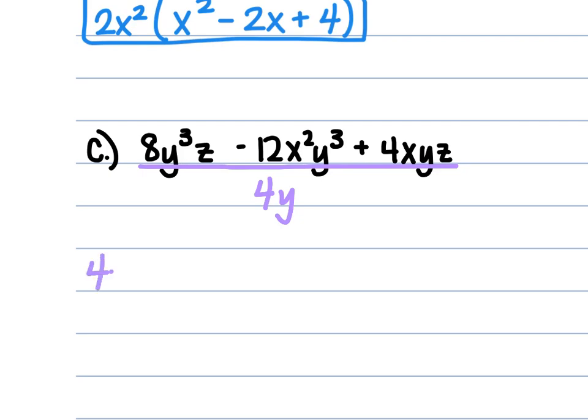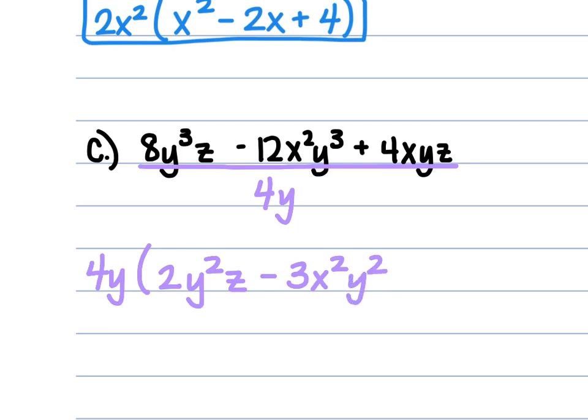So we're going to take the 4y, put it on the outside, and then divide each term by the 4y. So 8 divided by 4 is 2. Y cubed divided by y is y squared, and that z is going to stay. For our second term, it's going to be negative. 12 divided by 4 is 3. X squared is going to stay. Y cubed divided by y is y squared.